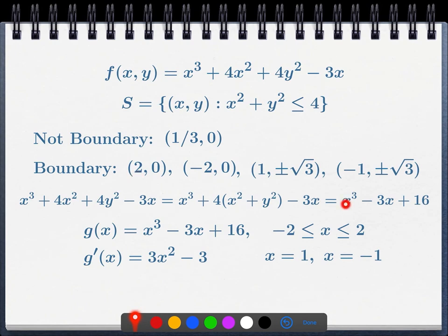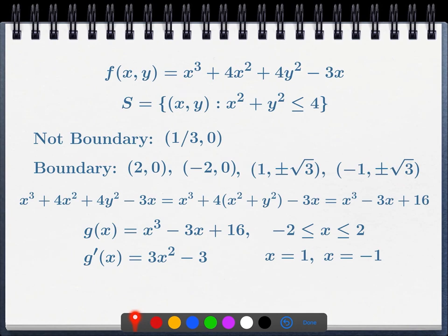At 2, we get 8 minus 6 plus 16. That's going to be 18 again at 2, 0. And at minus 2, 0, we'll get minus 8 plus 6 plus 16. And that'll be 14 again, like we had at this point. So we have 14 at these and 18 at these.